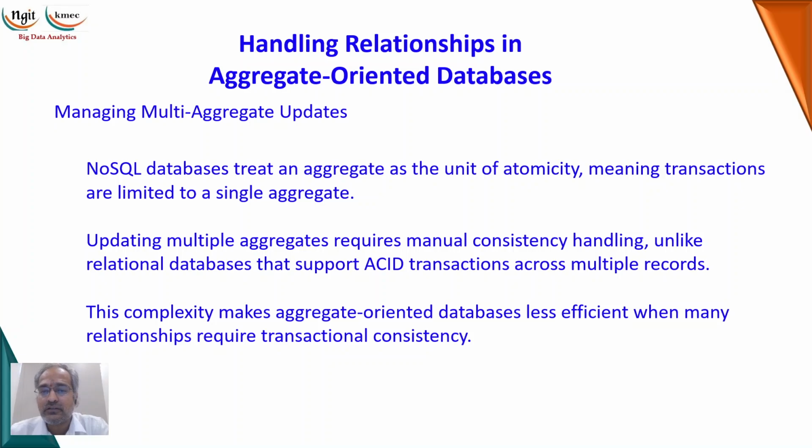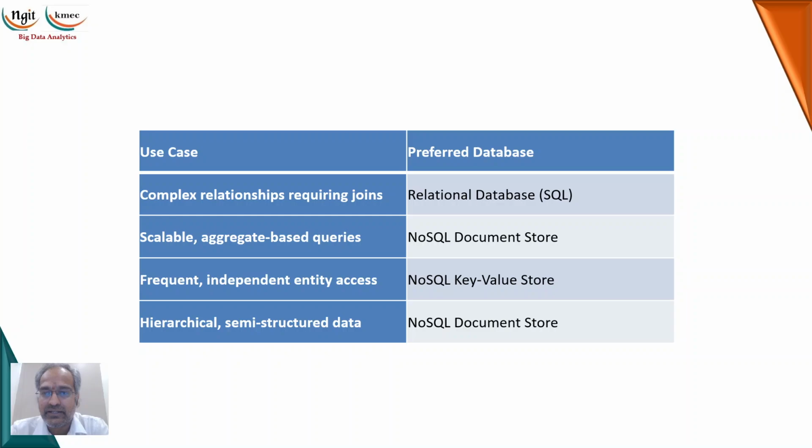That is the complexity here. This complexity makes aggregate-oriented databases less efficient when many relationships require transactional consistency. So maintaining consistency will be more complex with these relationships across aggregates.